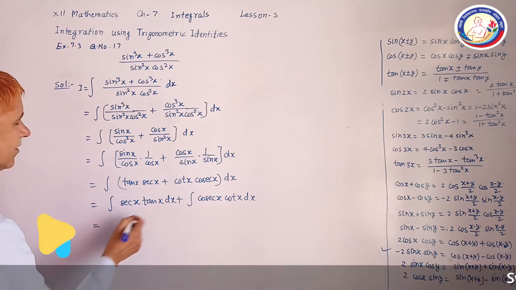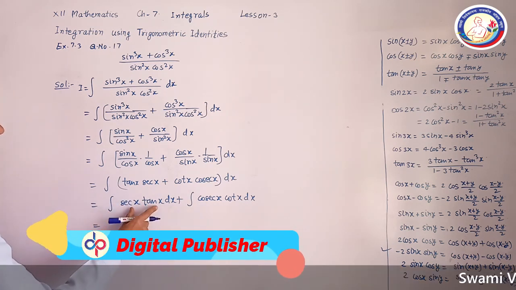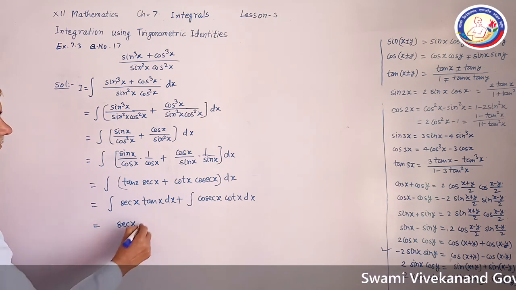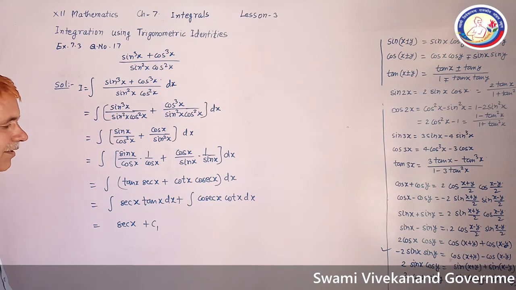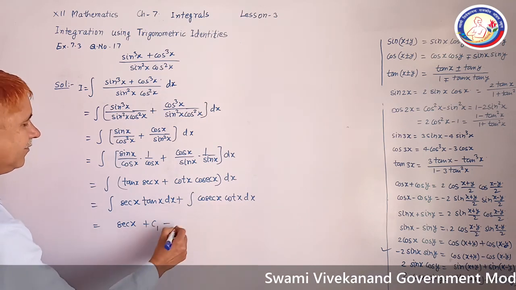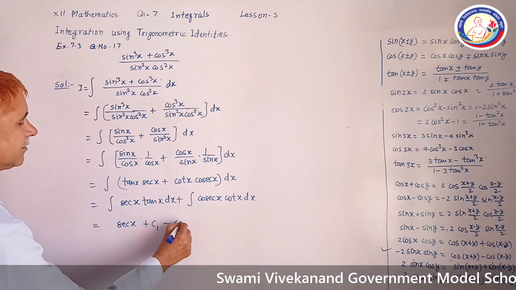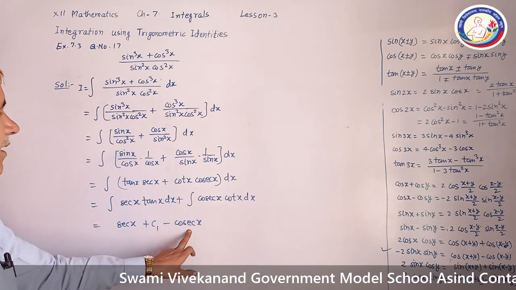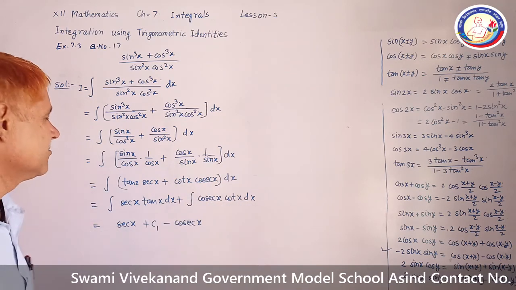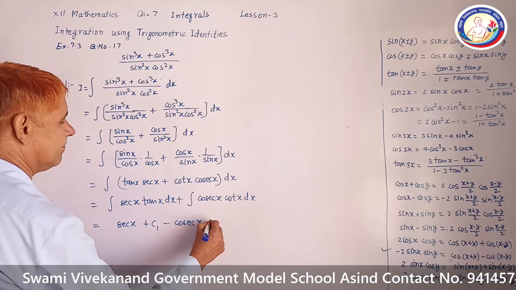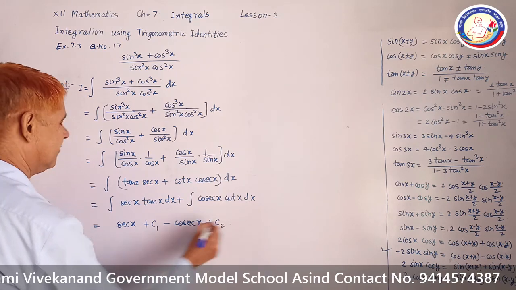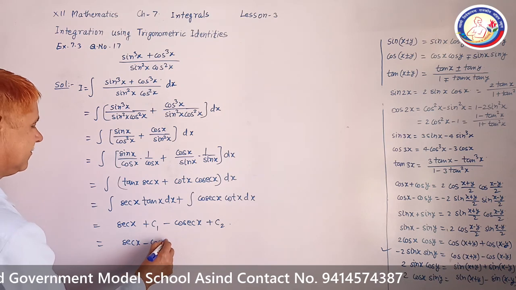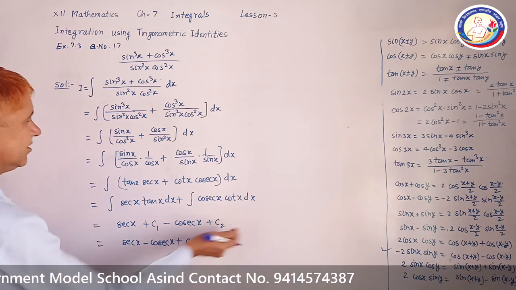I can write the integral of this as sec x plus constant of integration c1, and here the integral will be minus cosec x, because the derivative of cosec x is minus cosec x cot x, plus c2, or sec x minus cosec x plus c. This is the answer.